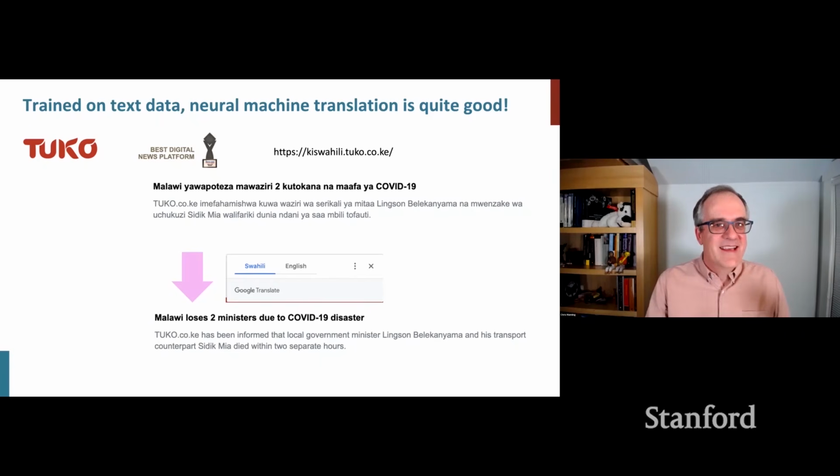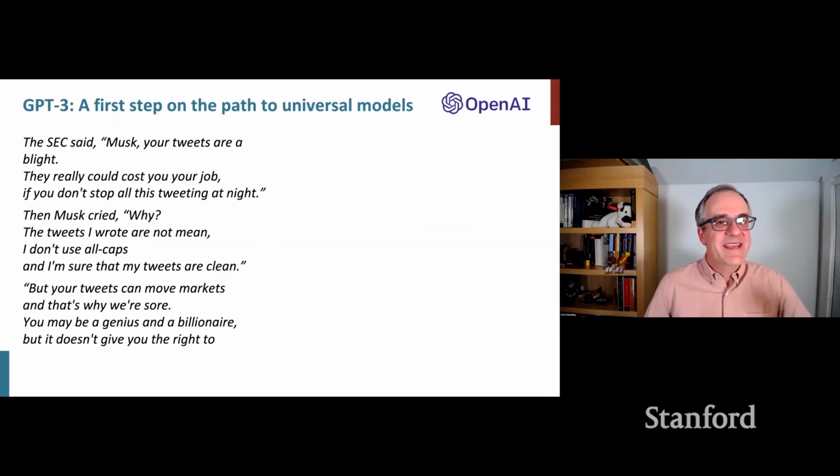The single biggest development in NLP for the last year, certainly in the popular media, was GPT-3, which was a huge new model that was released by OpenAI.